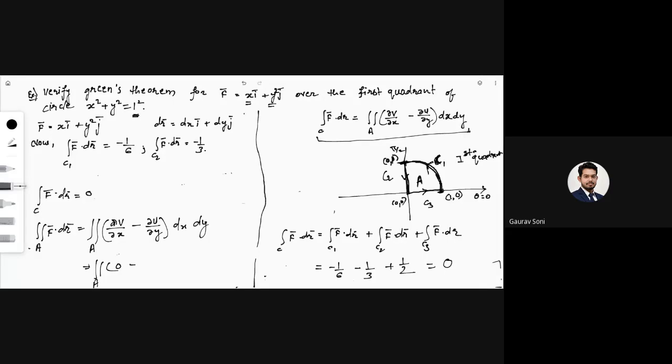So the derivative of x with respect to y will become 0. 0 dx dy, so integration of 0 is 0. Hence Green's theorem is verified.